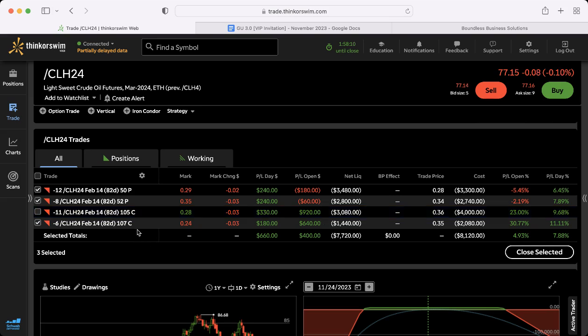We've also got some 107 calls. Here's the cost or the value today. Here's what's happened today. They're also down 0.03. We were up 180 on the day and 640 overall in those contracts. We received $2,080. They're worth $1,440. So as you can see, we picked up 660 on the day.